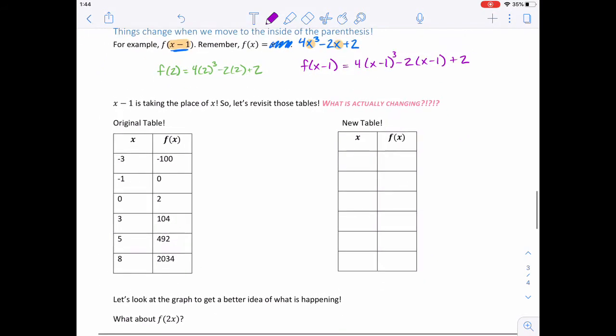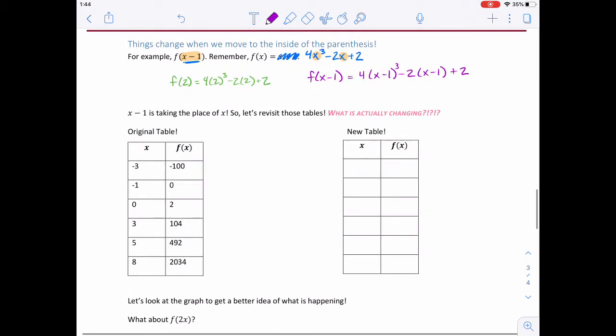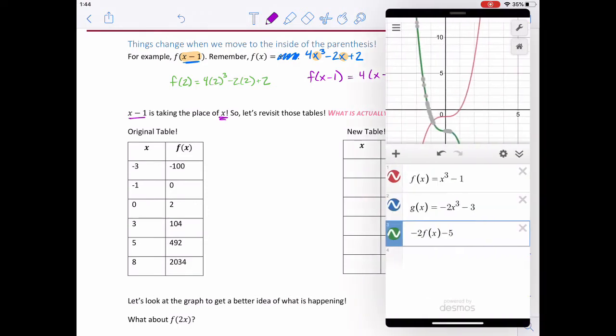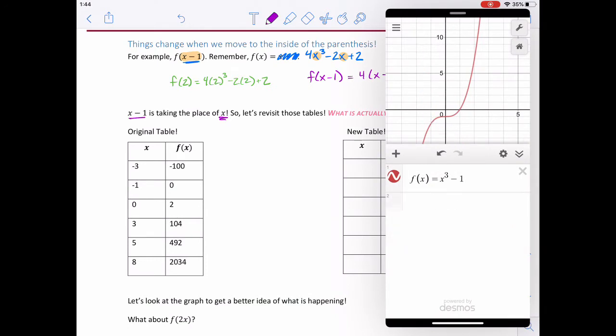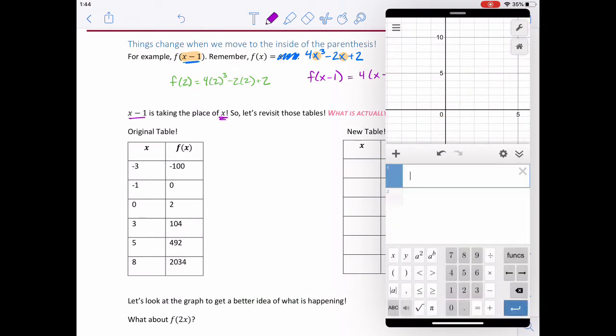And so it gets a little bit weirder when we try to look at a table. So x minus 1 is actually taking the place of x. So what are we changing? We're changing x, whereas last time we were changing y. So let's sort of look at our table. Let's put our original function in.